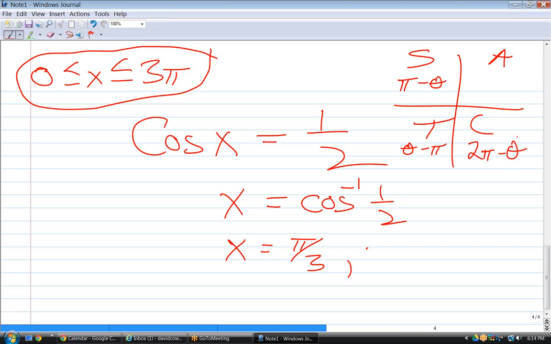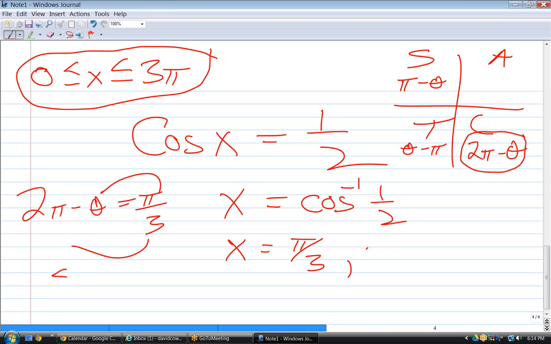So if I know that 2 pi minus theta needs to equal pi over 3, move theta to the right, that to the left, and you get 5 pi over 3 equals theta. So 5 pi over 3 is our fourth quadrant angle.